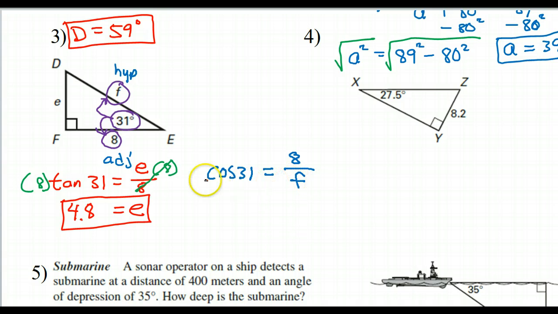All right, so what do you do when you have the variable in the denominator like this? Well, that is when you reverse this. Put the F out here, put the cosine 31 down there. So this is going to become F equals 8 over cosine 31.